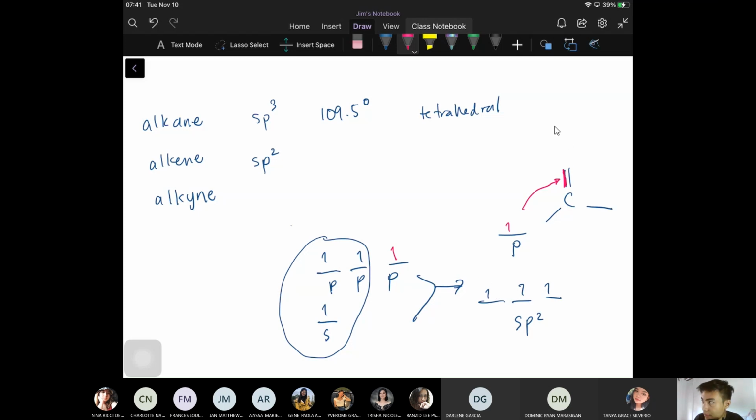So, ito yung tatlong bonds niya with other atom, nasa taas, nasa gilid, and nasa gilid. And then, yung isang unused p orbital, ginagamit niya to create the extra bond. Ginagamit niya yun to create the double bond. So, yun. If you have a carbon that is sp2 hybridized, ang kanyang angle of separation sa mga bonding groups, sa tatlong bonding groups ay 120 degrees, forming a geometry of trigonal planar.